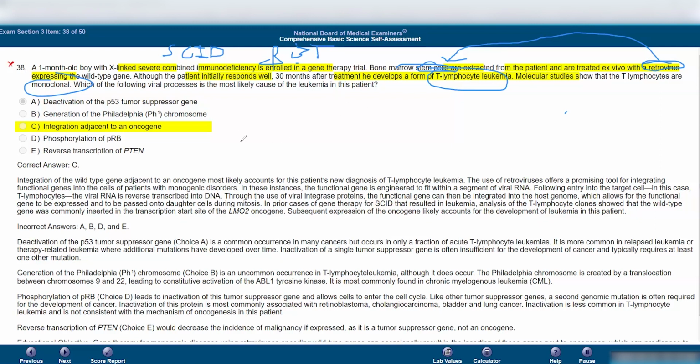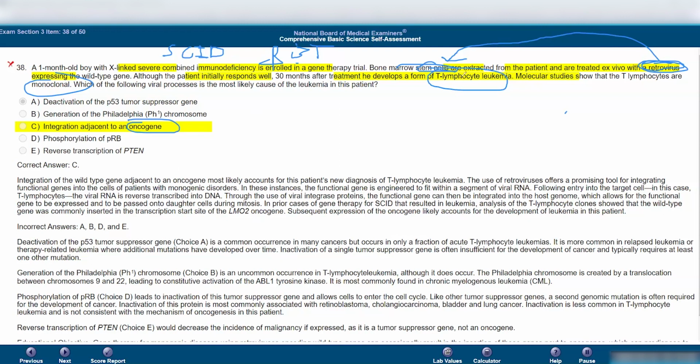Okay, so now they're trying to test you: do you understand how retroviruses introduce genes into another cell line? The best answer would be integration into an oncogene that's close, which means you activate it and it's going to replicate like crazy.